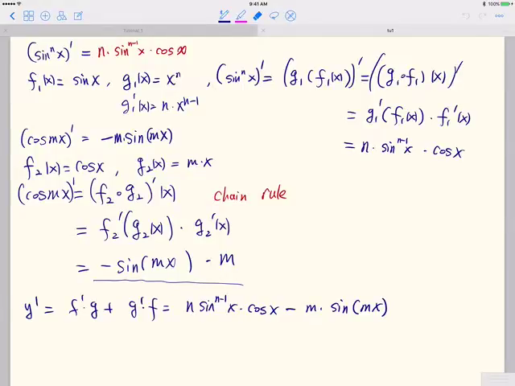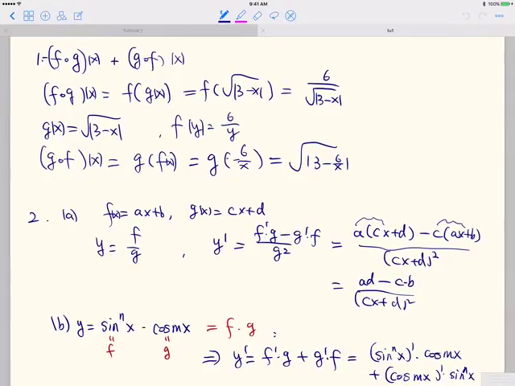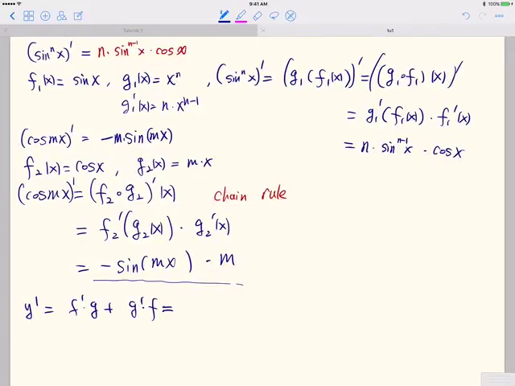Oh, I'm sorry. No wonder I feel strange. You see, this is just f prime, and this is just g prime. So we have to times f and times g here, right? So the right answer will be f prime, which is here. Okay, f prime is here.